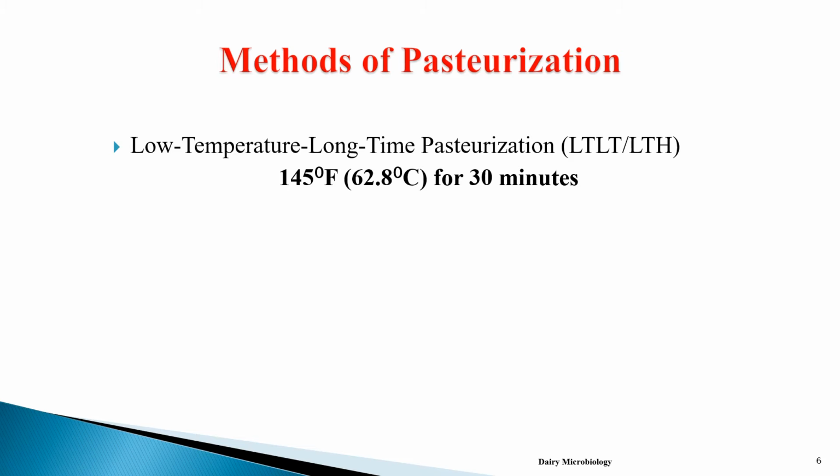In this method, milk is heated to 145 degrees Fahrenheit, that is 62.8 degrees Celsius, for 30 minutes, and after heating there should be immediate cooling of the milk to a temperature of less than 5 degrees Celsius.